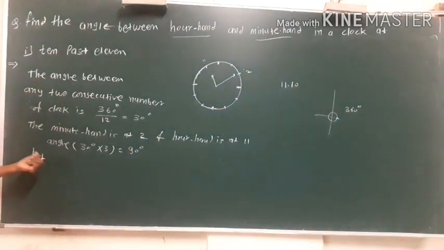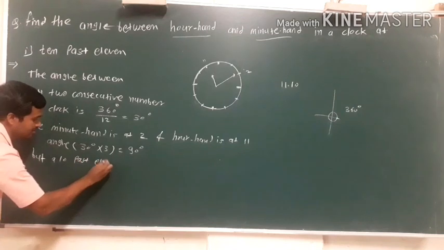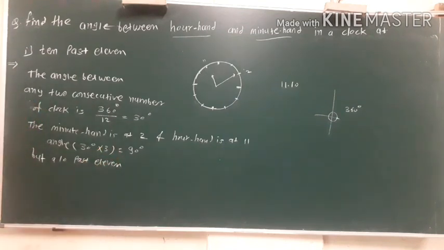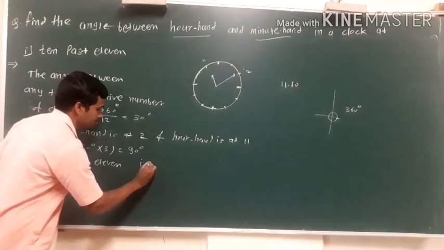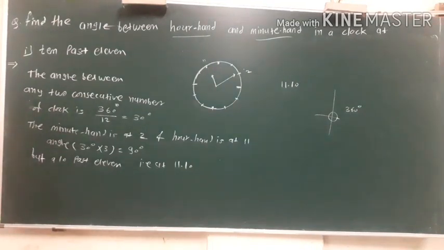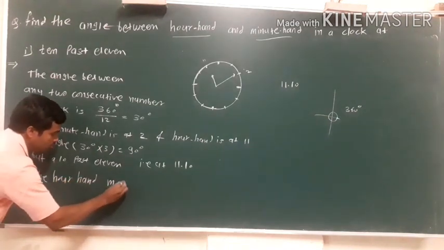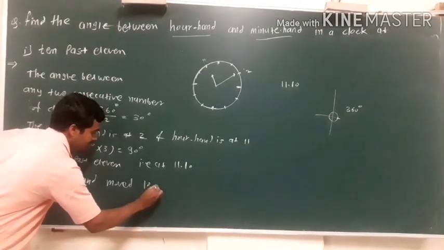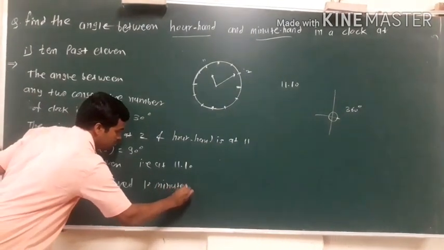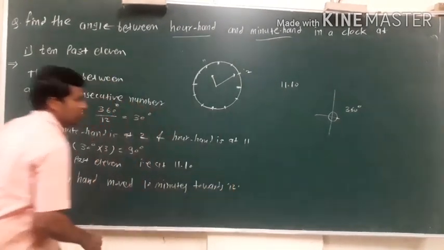But 10 past 11, that is at 11:10, so the hour hand moves 10 minutes towards 12.